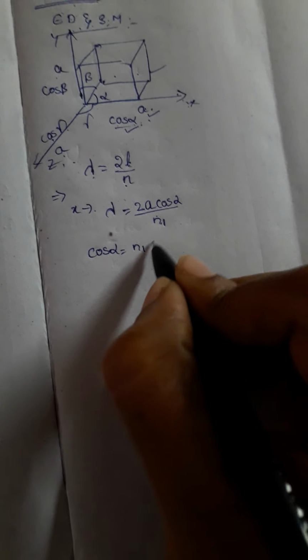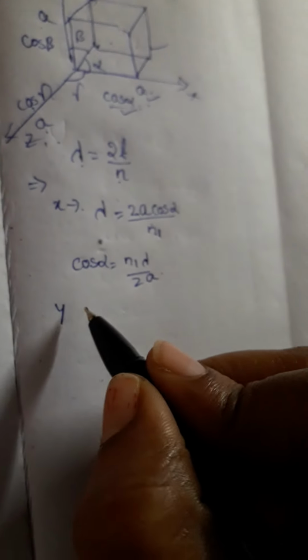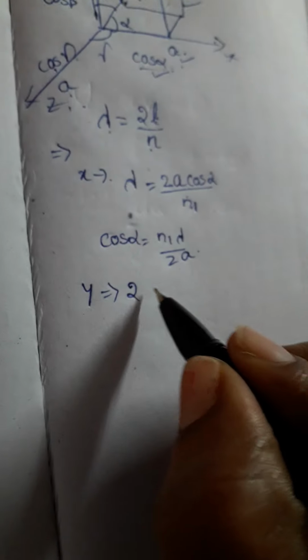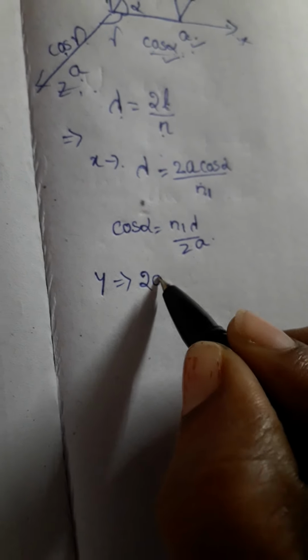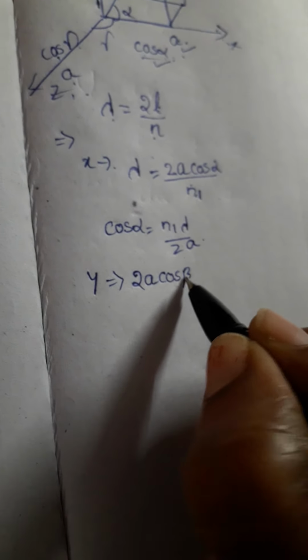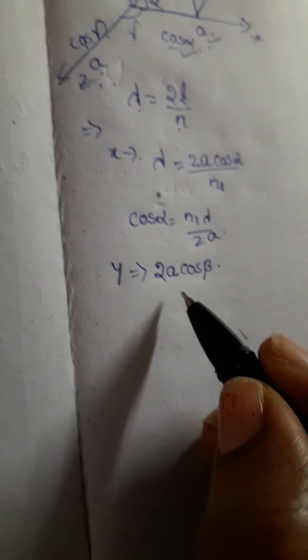By using this I have written the cos alpha value, that equals n1 lambda by 2a. Along the y-axis direction again I am writing the wavelength, that is 2a cos beta by n2.